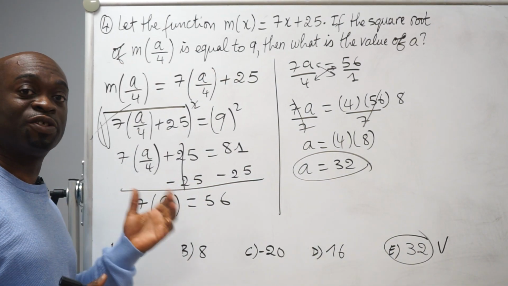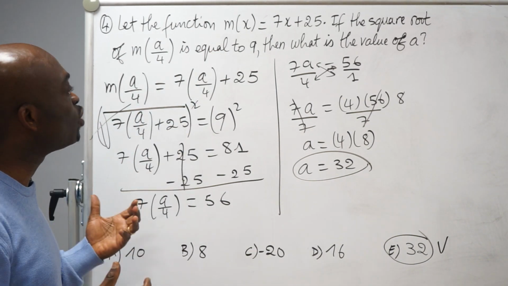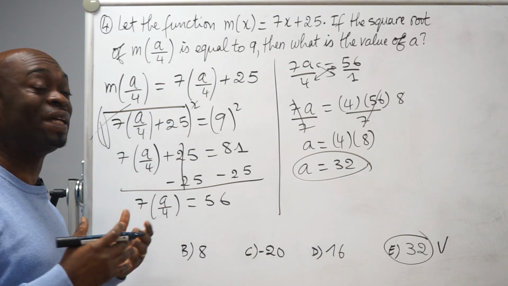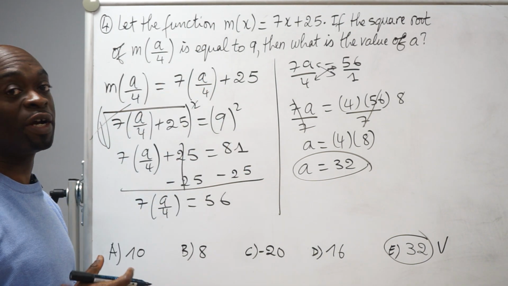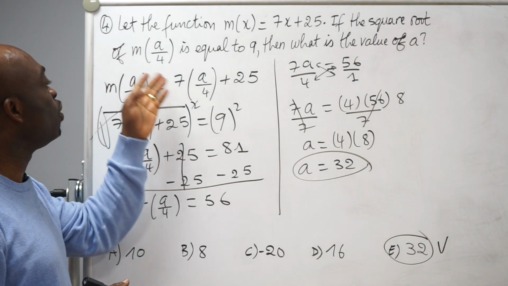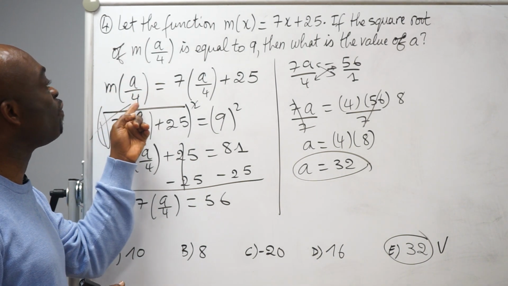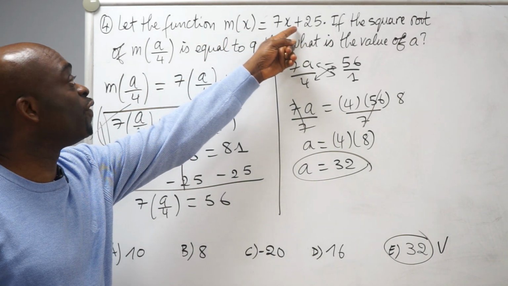So, ladies and gentlemen, you take your time and look at the problem and see where you're going to start, where you're going to begin, and what is going to help you get to where you want to go. So in this case, for example, we had to use the m of a over 4 and plug it inside the function here.